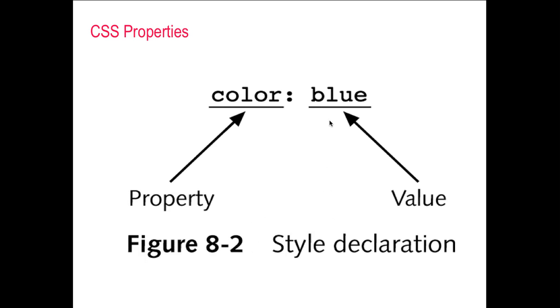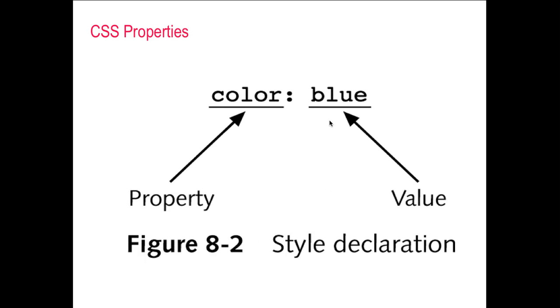If you're putting this in a separate file, it's a text file, just like an HTML file. Usually it has a .css extension on the end. Or you can write the same thing inside the HTML file, using a style tag inside the HTML file. What you're doing is writing a bunch of stuff that looks like this: color, colon, blue, the property with the value.